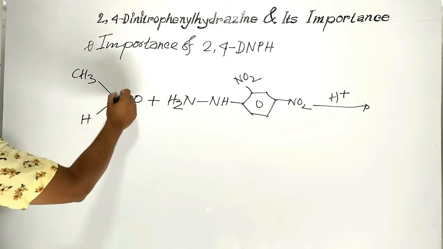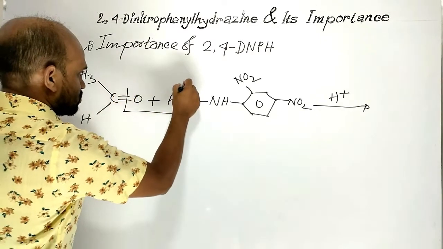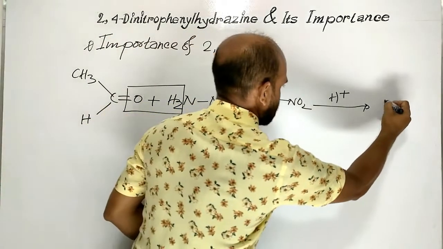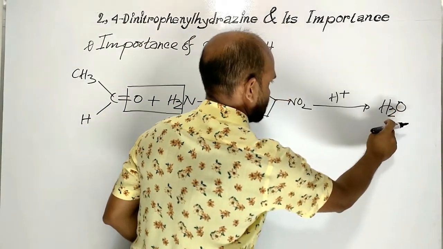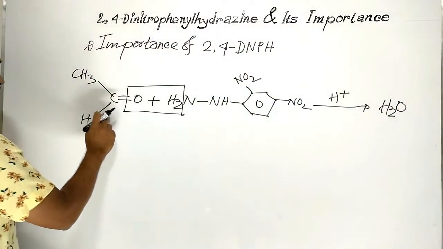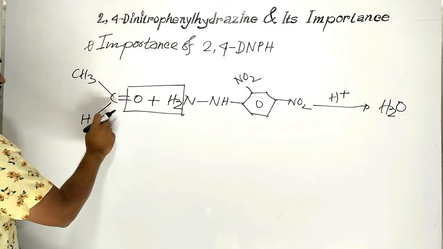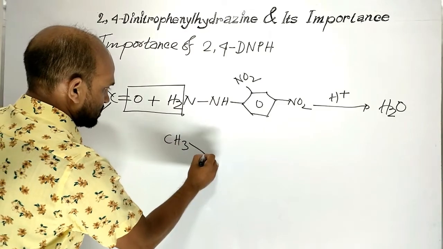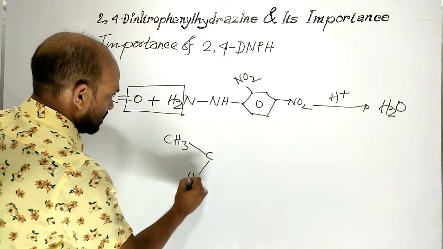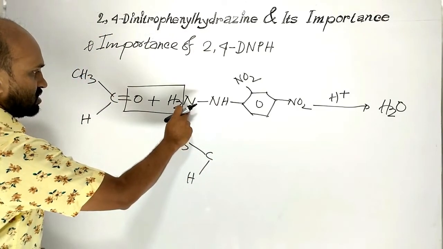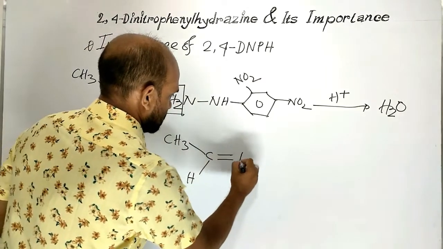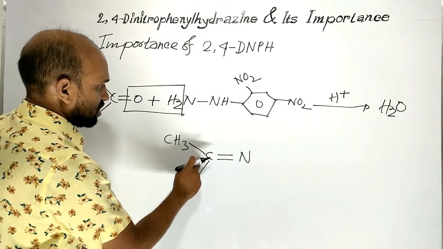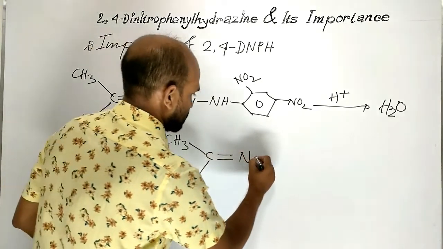Here oxygen and two hydrogen atoms form water, which is byproduct in the reaction, and the rest parts are from ethanal, CH3, here H, and here nitrogen, that is new bond, carbon nitrogen bond is formed.